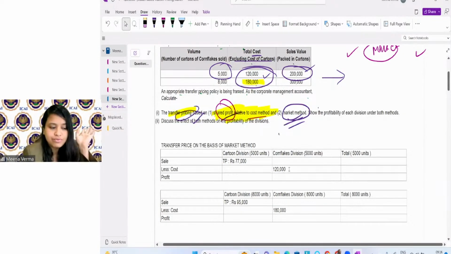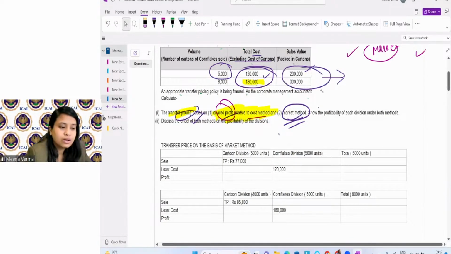When we are producing 5,000 units, the cost is 1,20,000, and when we are producing 8,000 units, the cost is 1,80,000. This is given, right? What else is given? The final sale value is given for these products, which is 2 lakh and 3 lakh. So the price at which you will finally sell your goods is given.